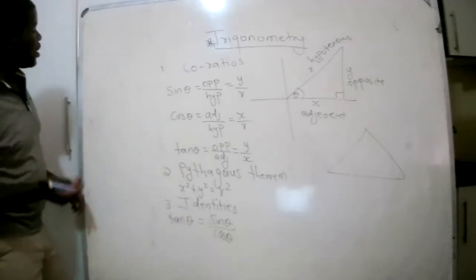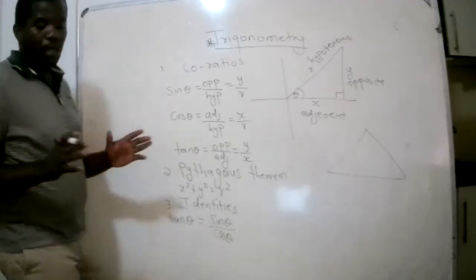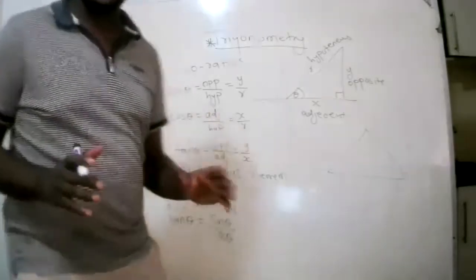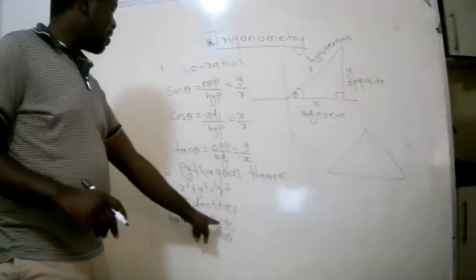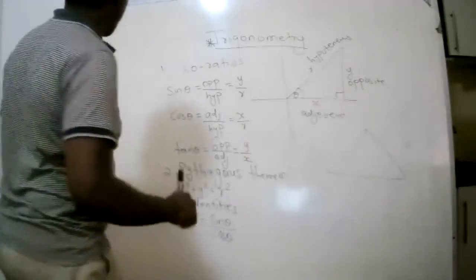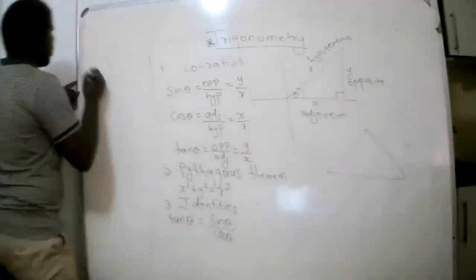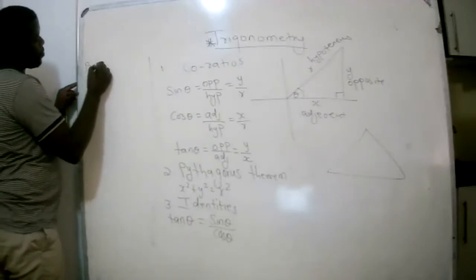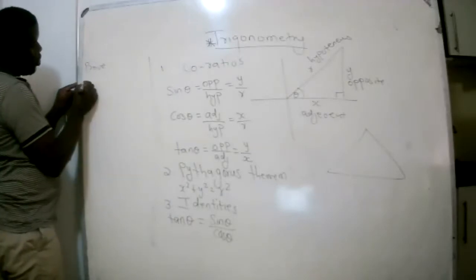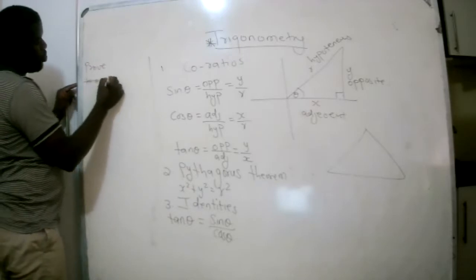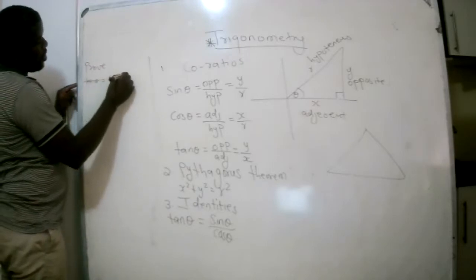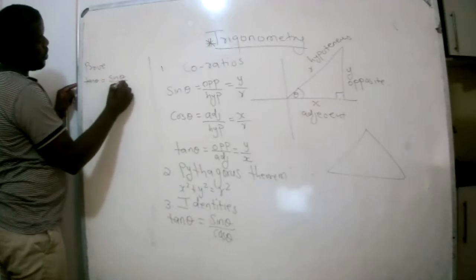Let's prove that so that you can have confidence of why we say tan theta is the same as sine theta divided by cos theta. So now we're given tan theta, which is equal to sine theta over cos theta.